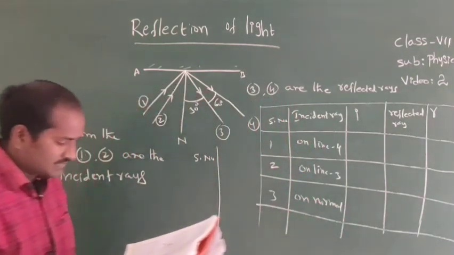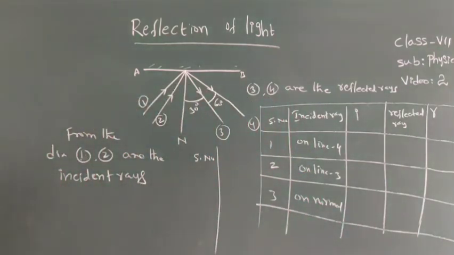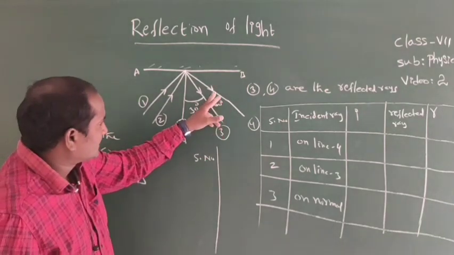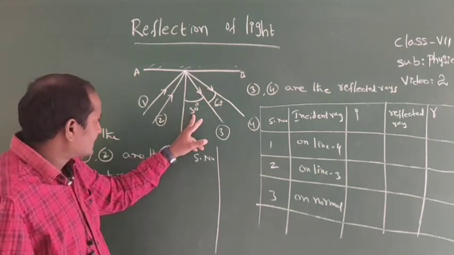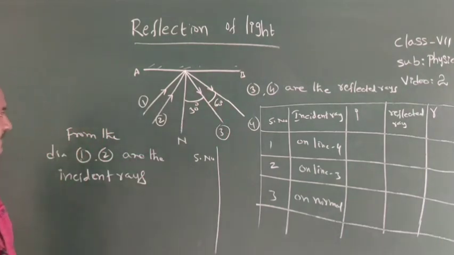Here it is a reflected ray, and at the same time it is the angle of reflection. 30 and 60 are the angles of reflection.